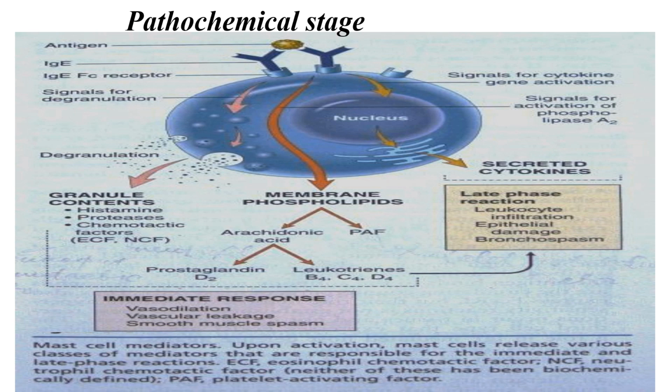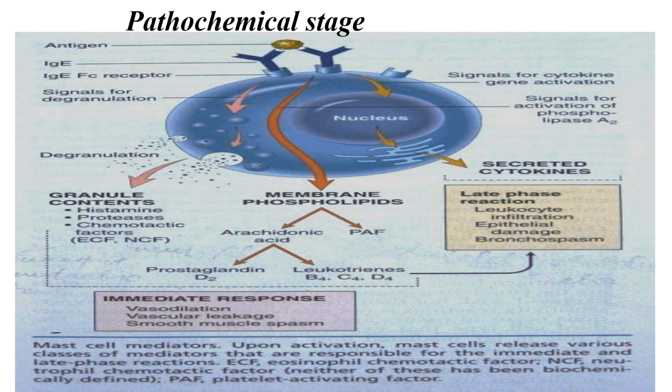In the pathochemical stage, one antigen connects with two IgE antibodies. Each antibody has one receptor.